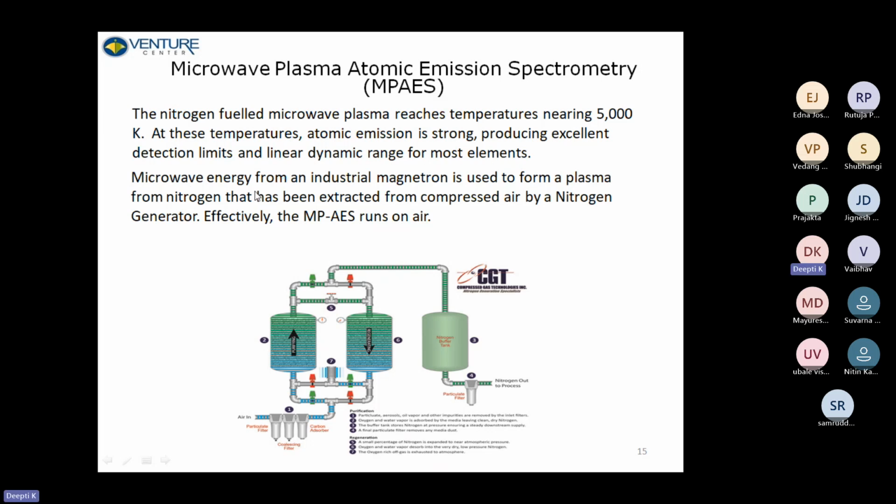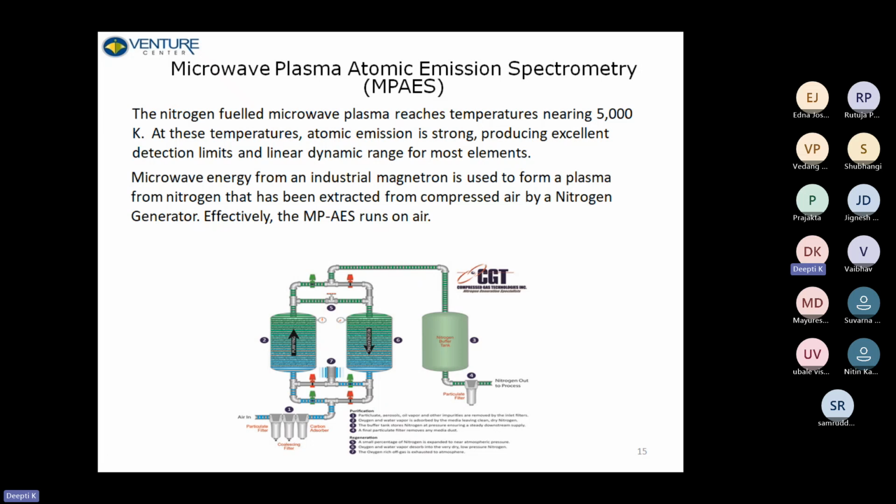MPAES is a very environmentally compatible equipment where an industrial magnetron is used to form plasma from the nitrogen which has been extracted from compressed air. There is a nitrogen generator connected to the equipment, which extracts nitrogen from the air, and this nitrogen is then used for running the MPAES.